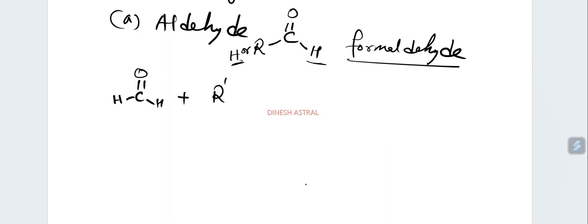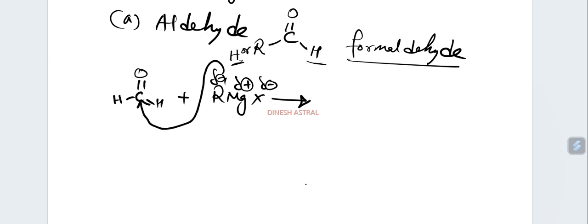So this is the formula of Grignard reagent. Here this carbon is negatively charged, this one is positive, and this one is negatively charged. The negatively charged carbon will react with the carbonyl carbon. The electrons present in the pi bond will shift onto the oxygen, because carbon has to maintain its tetravalency.